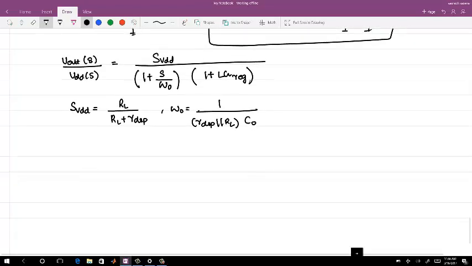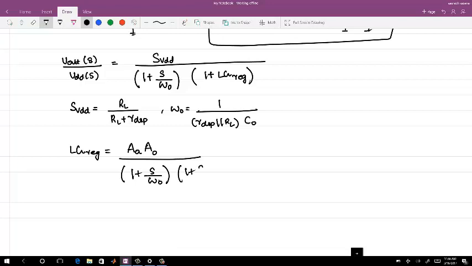And the loop gain of our regulator is the gain of the amplifier A_A and the gain of this output stage, divided by 1 plus S by omega out and 1 plus S by omega A. The gain of the amplifier is GM amplifier times R of the amplifier.